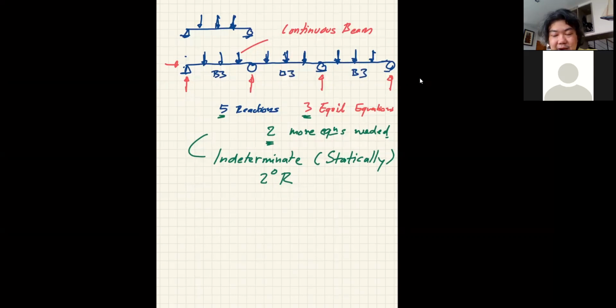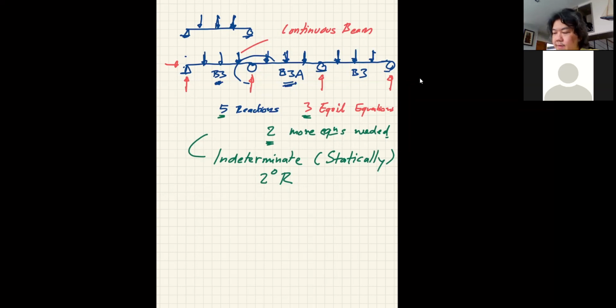Then I can give details of how B3 continuous with B3 should look at the column zone like this, or at the midspan. And if the details at midspan are different between these two beams, I may change this name to something like B3A, so that for different details I change the names. So when you proceed with the construction, it's very easy.